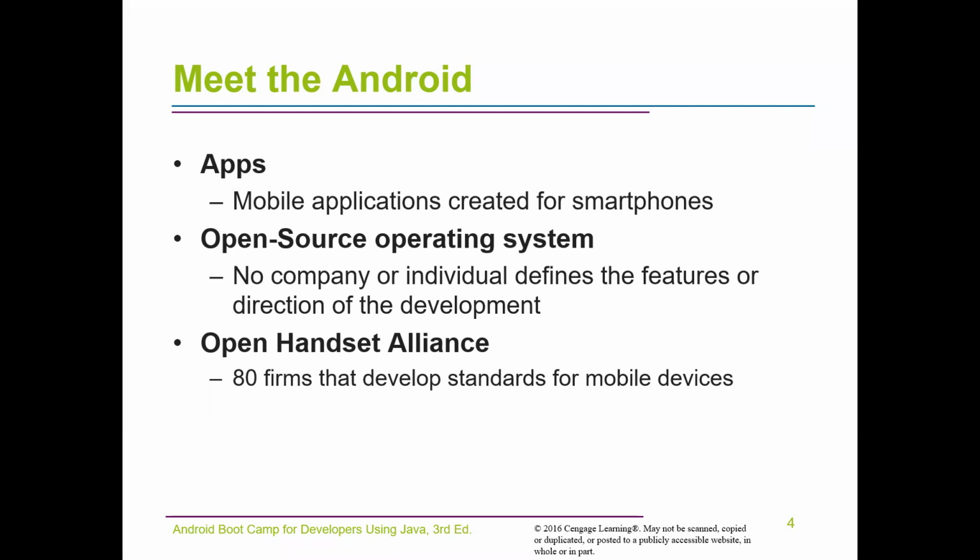And then the next bullet is the Open Handset Alliance. It is 80 firms that develop standards for mobile devices. So in terms of development or standards, those are the handsets in the different devices. It always depends on the architectural design or layout of that particular brand.